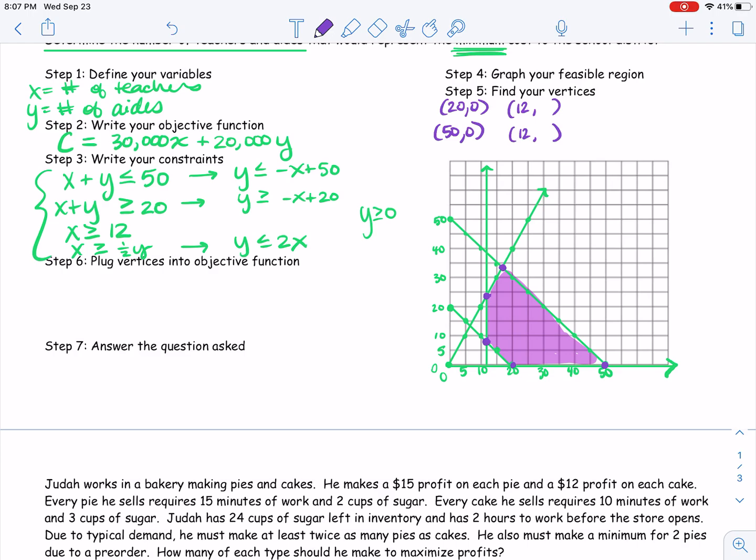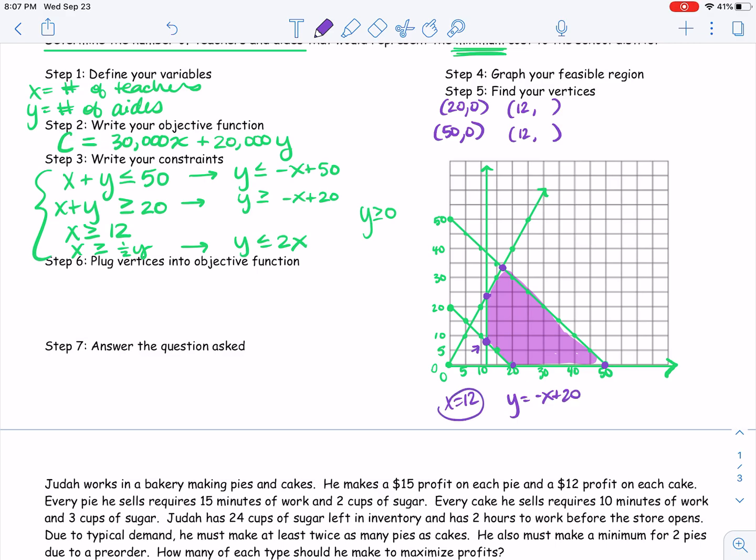So let's go back to the ones where we do know the x value of 12. What we do to find those intersection points is set those two equations equal to each other. I'm using x is 12, and for this point first, the other green line it's intersected with is y equals negative x plus 20.